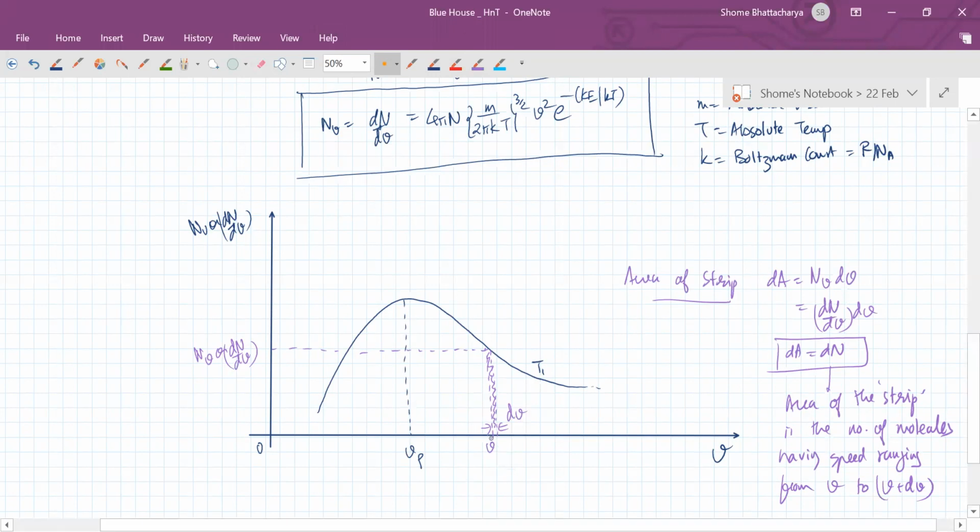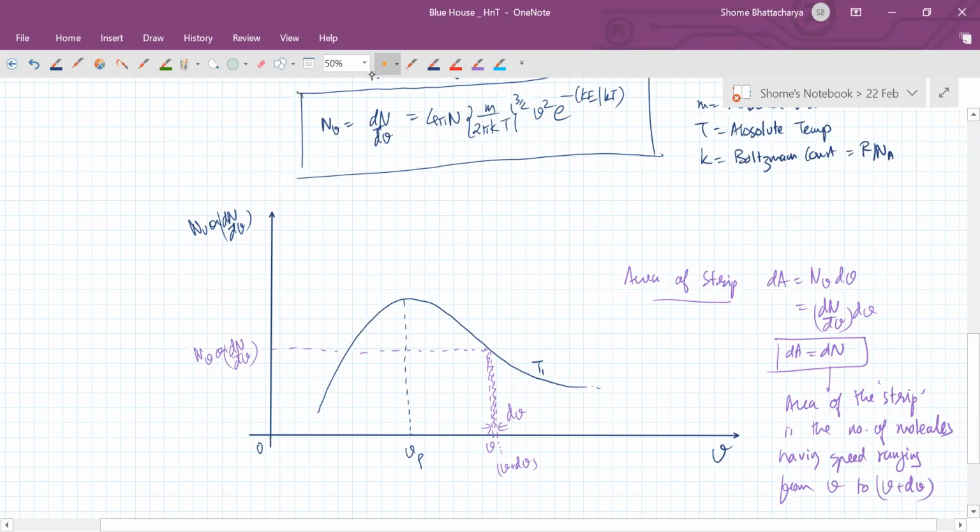So this is the interpretation of the graph, that between a speed v and a speed v plus dv. Okay. So the value of speed at the first point of this strip is v. The value at the second point on the strip is v plus dv. So the total number of molecules which are having a speed in this small range between v and v plus dv becomes the area of the strip. Okay, therefore, the total area under the graph becomes how much?